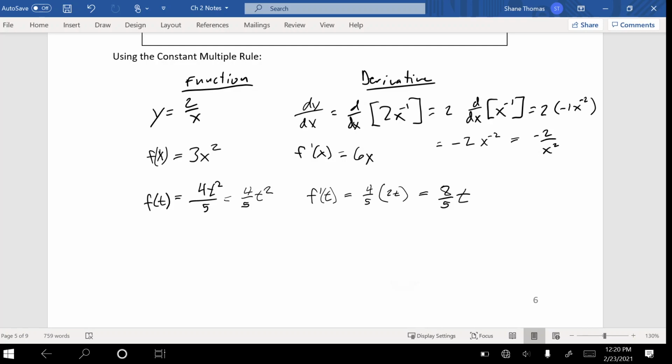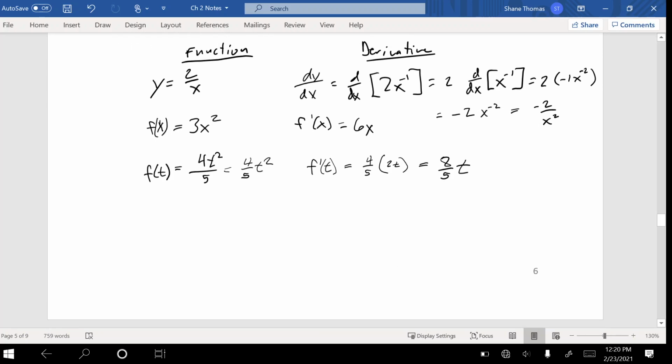Okay. All right. Let's do a few more using this guide just so you've seen a variety. So if I want 2 root x, this would be the same as 2 x to the 1/2, right?